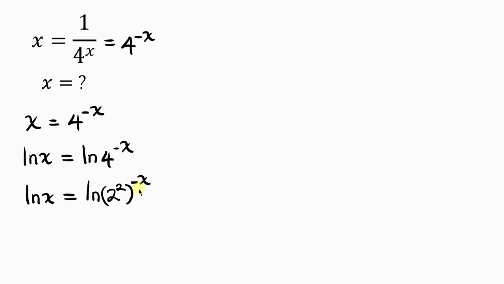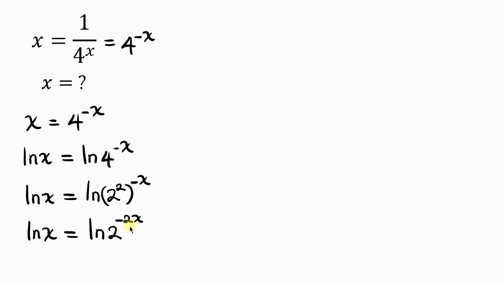Now from indices, powers multiply. That means 2 times negative x gives an exponent of negative 2x. So I have ln of x equal to ln of 2 to the negative 2x.